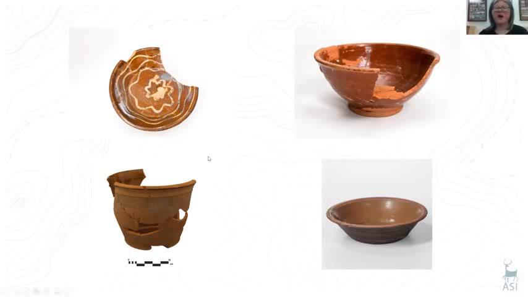So they're kind of a lost vessel form and lost kiln sites here and there. I think there might be five or six kiln sites that have been excavated for redware. I worked in Ireland and we found a lot of redware, and it's the same there too. Those kiln sites were not documented and they sort of disappeared, which speaks to the nature of the folk pottery, right?